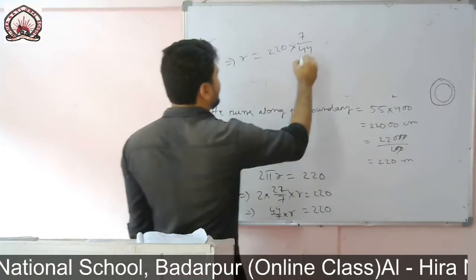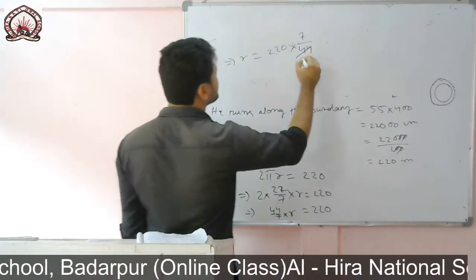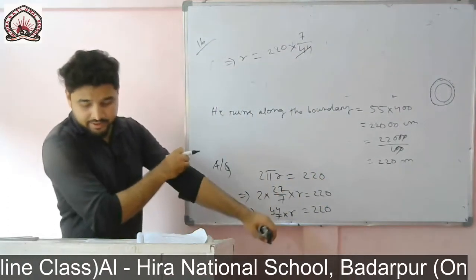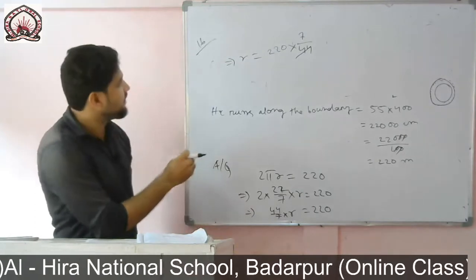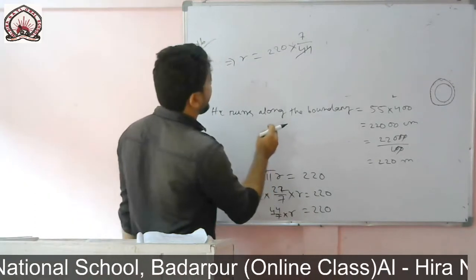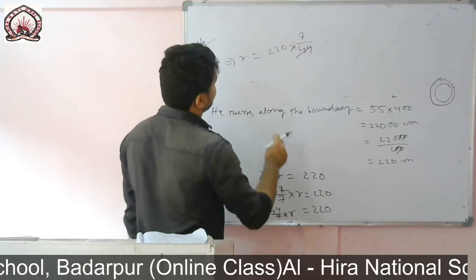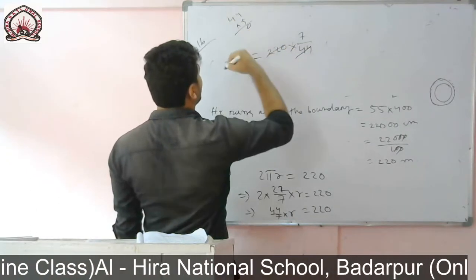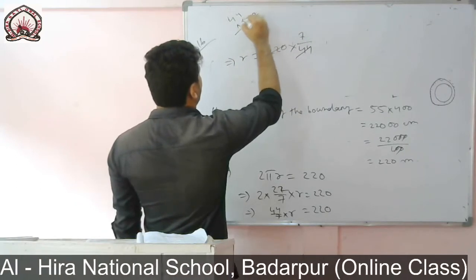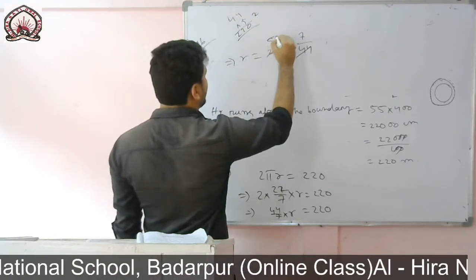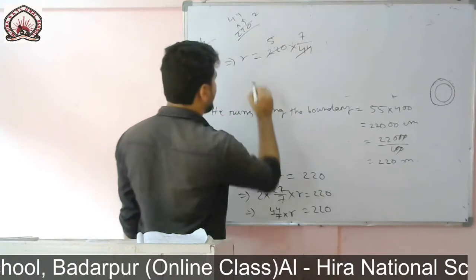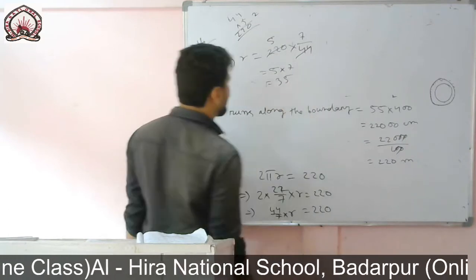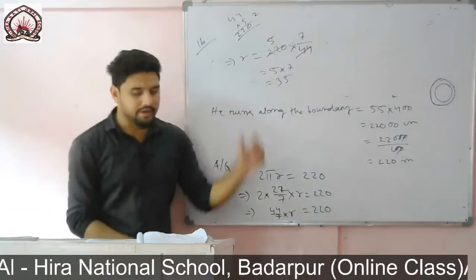If we cancel, we find 5: 44 into 5 is 220. Yes. So 5 into 7 equals 35. That means the radius of the pond is 35.